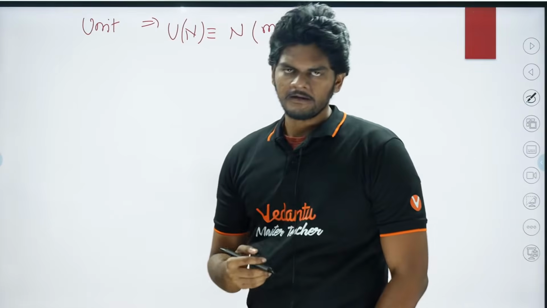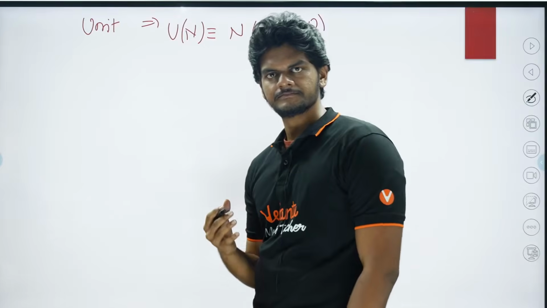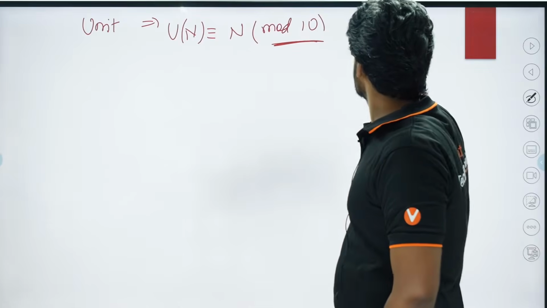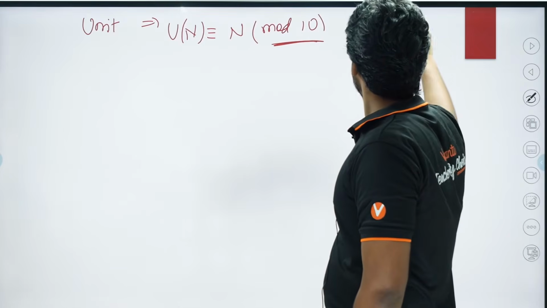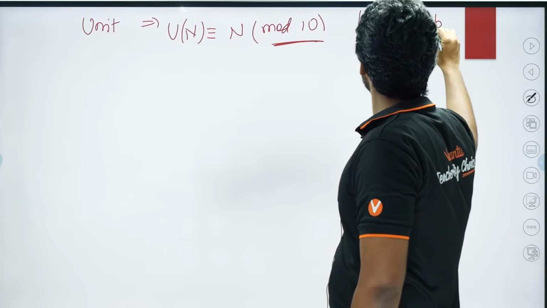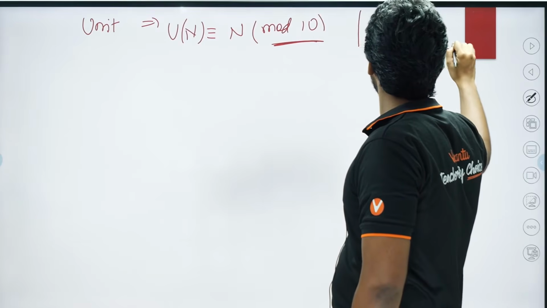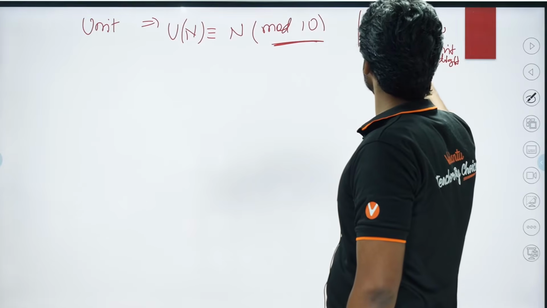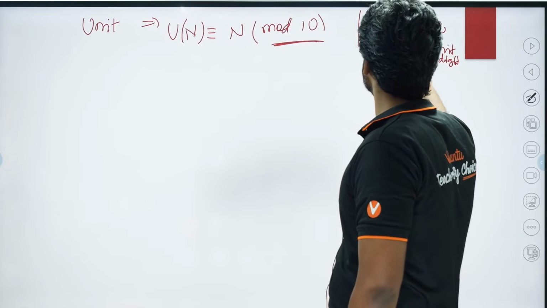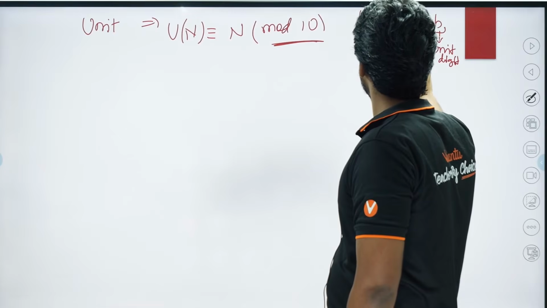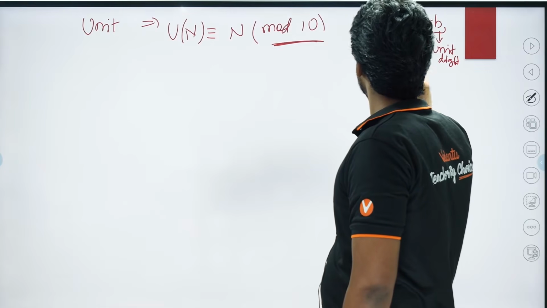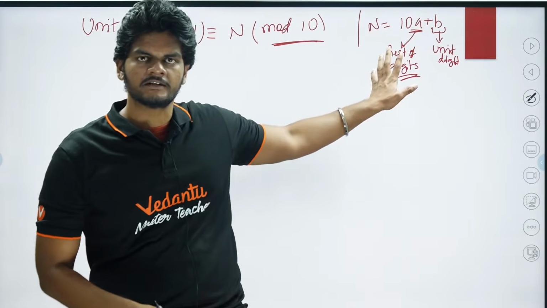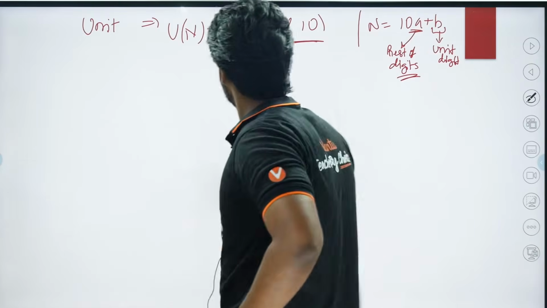Similarly, if I am taking the last two digits, why mod 10? I hope this is clear, right? Because every n can be written as 10a plus b, where this b will be the unit digit. And this a need not be a single digit, it can be the rest of the numbers. Right? So that's what I mean. I hope that is clear.